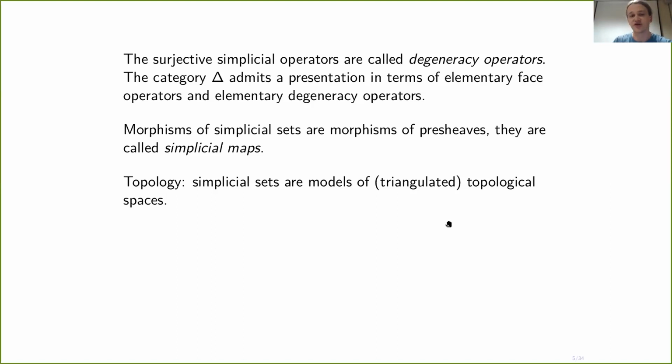And by the way, the Kan-Quillen model structure is one formalism which explains how to do this in a consistent way.